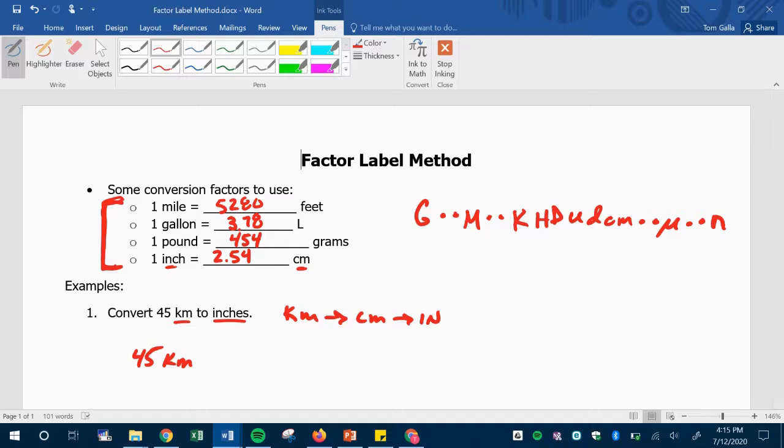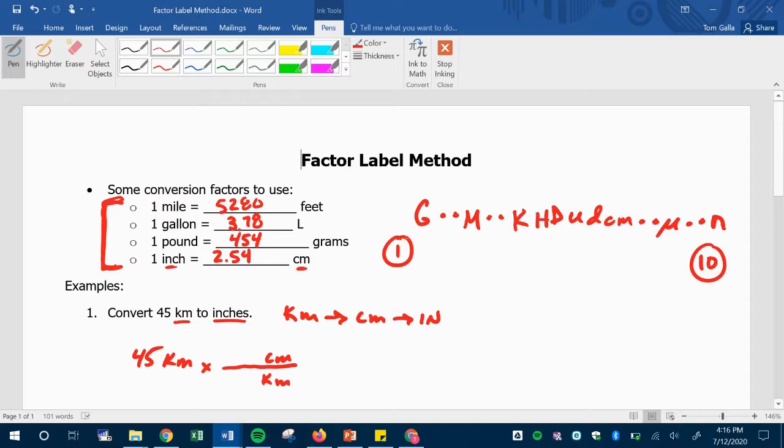That's going to be our way of solving this problem. So our first step should be to convert our 45 kilometers to centimeters. As we do that, remember what you want over what you got. So centimeters goes on top, kilometers goes on the bottom. Remember when we talked about our metric conversions, we said the higher unit gets the 1, the lower unit gets the 10. I had to write it left to right, but the same idea is true.